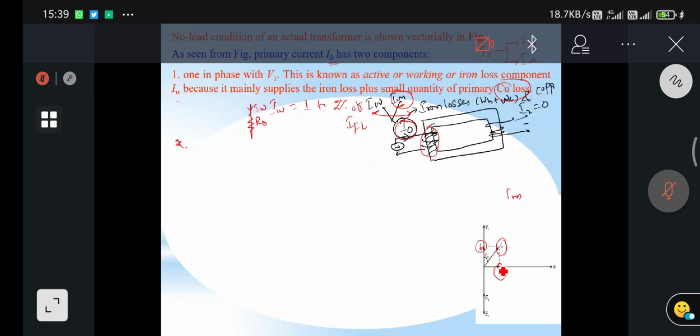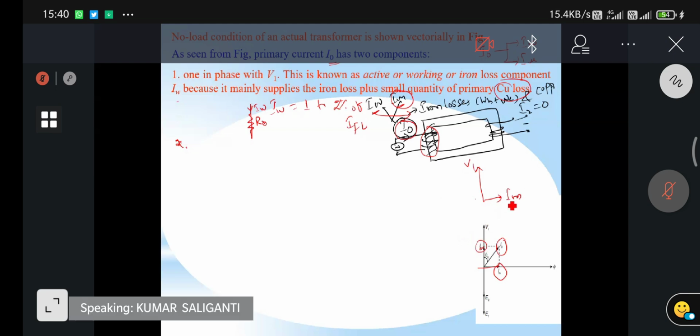This is the magnetizing component of current, always in quadrature with the applied voltage, called the reactive component or magnetizing component.